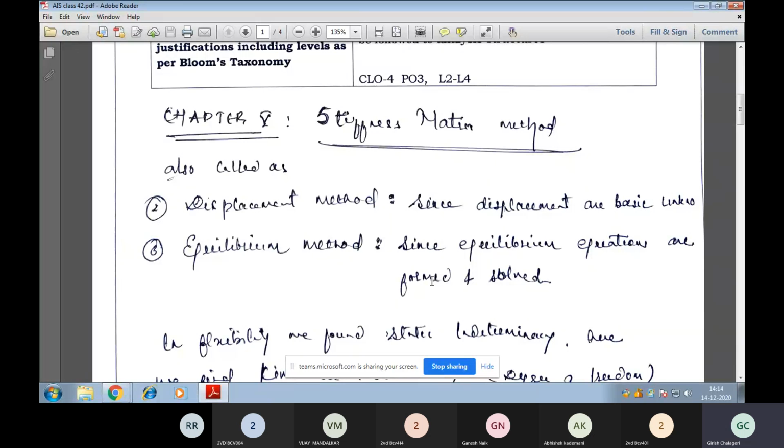So it is called the displacement method. And we are using equilibrium here, which means equilibrium equations are applied, formed, and solved. That is why it is also called the equilibrium method. Since the method of solving is by finding the stiffness of each member, it is also called the stiffness matrix method. So this can be called by any of the three names.